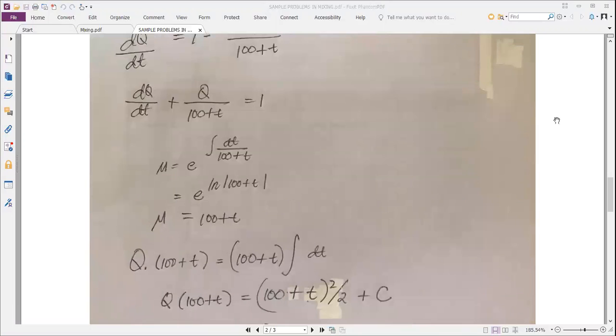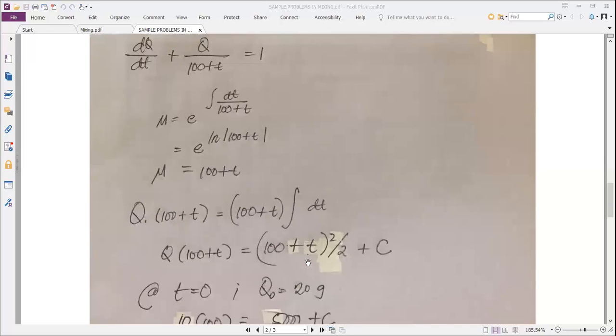So a linear DE based on the formula is a known function times the integrating factor equated to the integrating factor times the q of t. In our case, it's 1. If you integrate this side as a whole, this would be 100 plus t raised to 2 over 2, power rule for the entire expression.